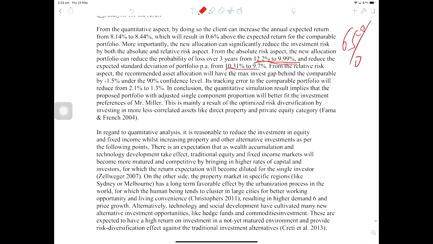And very importantly, they mentioned that the recommended asset allocation will suit the investor's needs. It doesn't mention any specific preference, but there are earlier discussions, especially this group discussed the objectives, preferences and concerns on the first page.